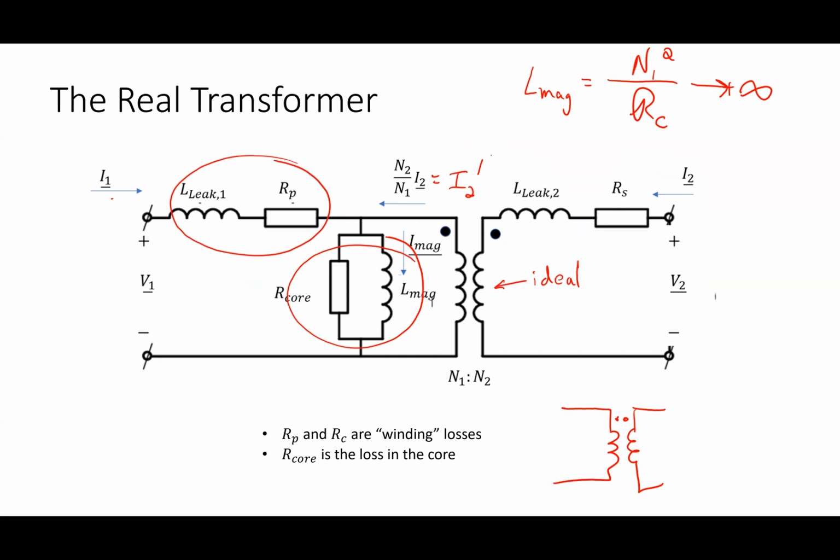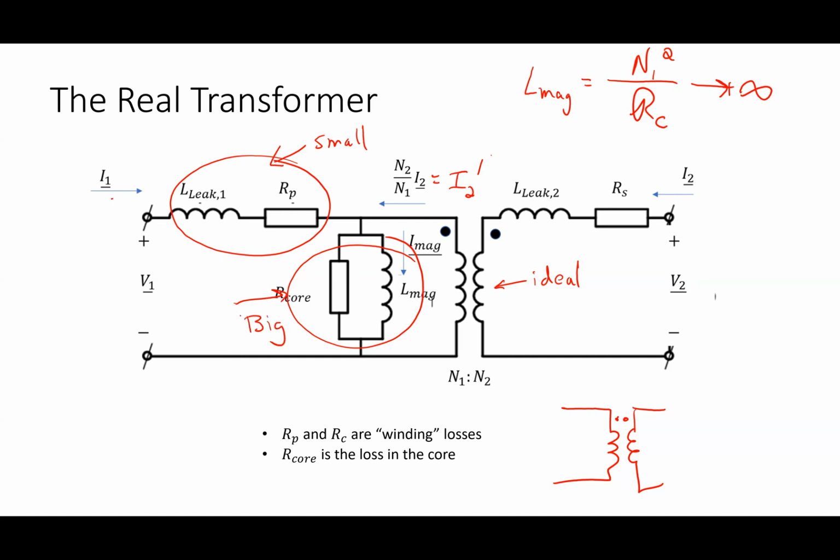What's true about those impedances? You guys said that if I had an ideal transformer, L mag was going to be what? L mag would be really big. If I had an ideal transformer, it would be infinite. And what would L leak be? 0. Right? So the reality is that these guys are small and these are big.